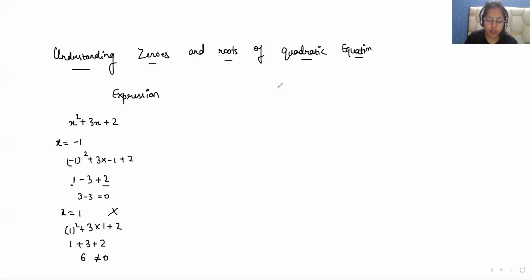Now understand what is an equation. An equation is when this is equal to 0. So if I take and put x equals minus 2, that means this is our LHS and this is our RHS. If both are equal, that gives you a correct value of x.